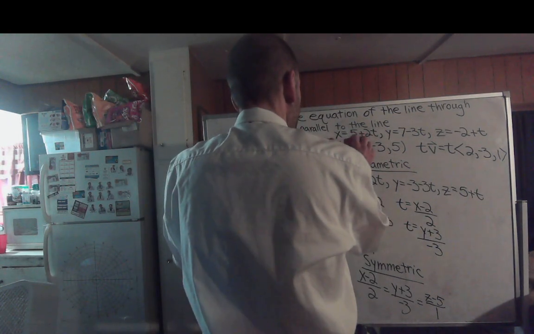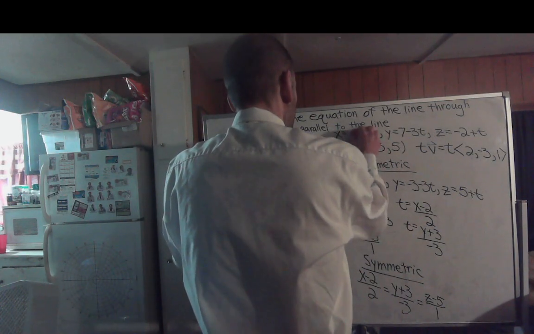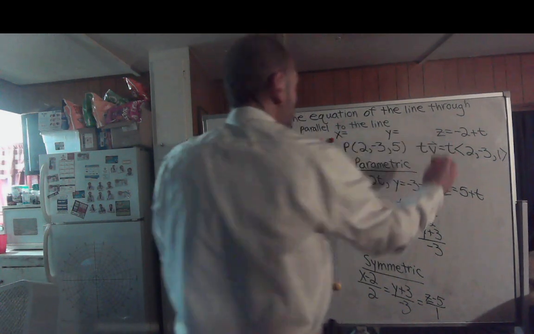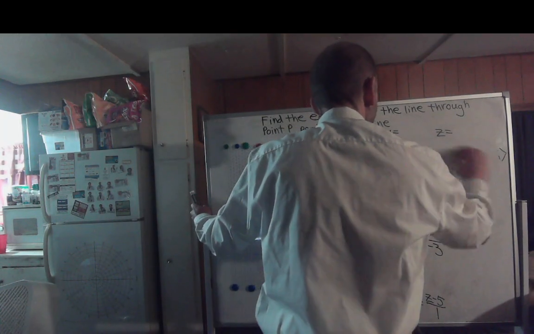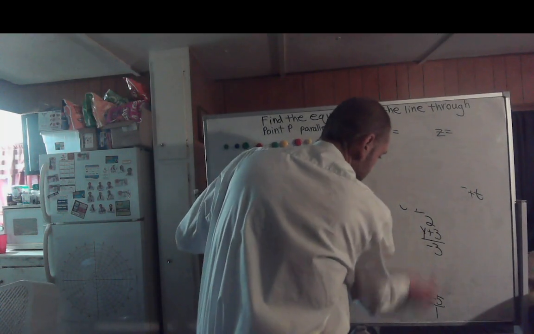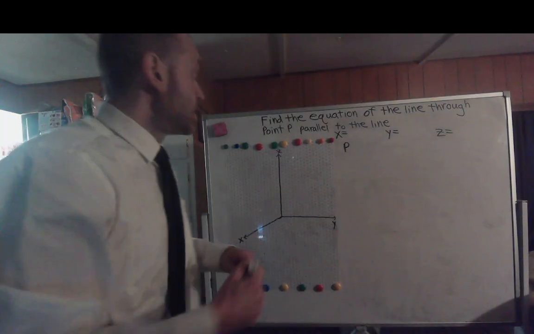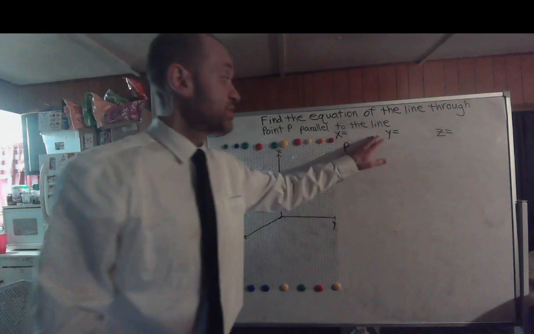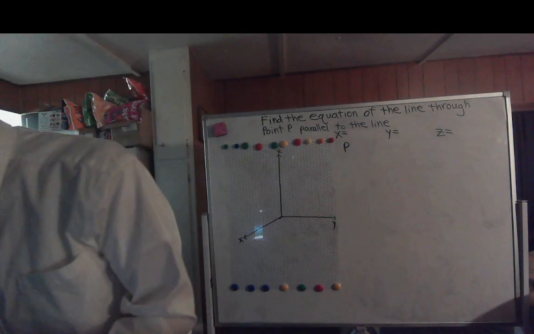Alright, so we're going to change these equations here. I'll keep the general format, but we're doing a very similar exercise. Let's just erase all this down here. Alright, so we're going to find the equation of the line through point P parallel to the line, again in parametric equations.